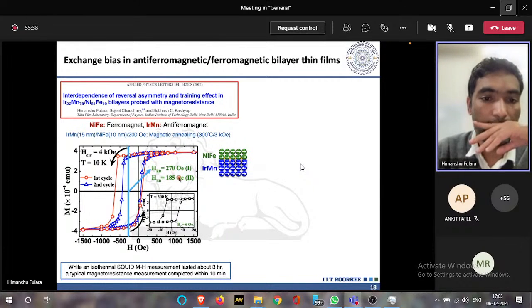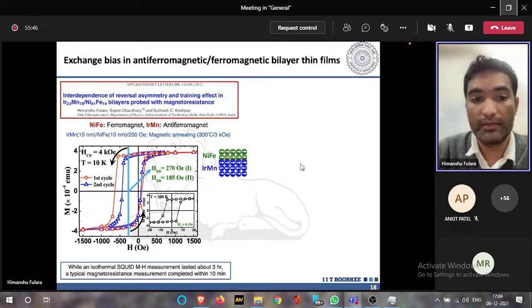And then when we tried to repeat this experiment, we observed a reduction in this exchange bias, which is also a very peculiar characteristic of these exchange bias systems, which I will not go into detail because it is not that easy to understand. But I'm just trying to show you how these things are actually measured.